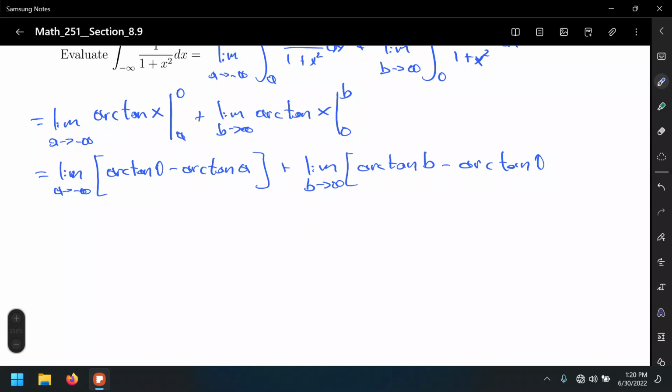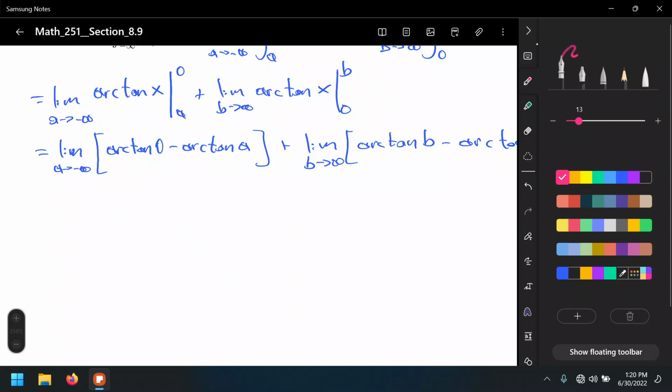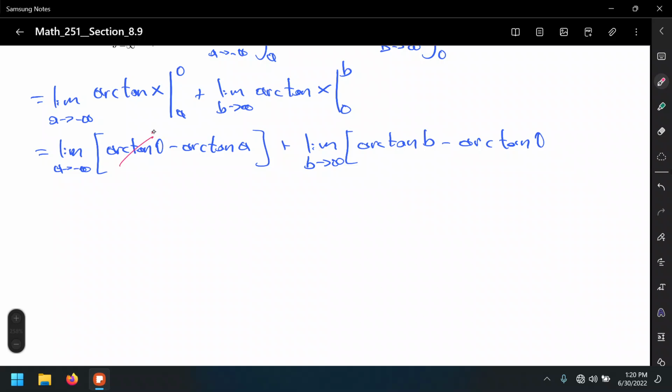Okay, let's compute this limit. Arctan of 0 is 0. Okay, now let's talk about arctan of a and b. We are looking at the behavior of the arctan function as x is going to infinity. What is that value?